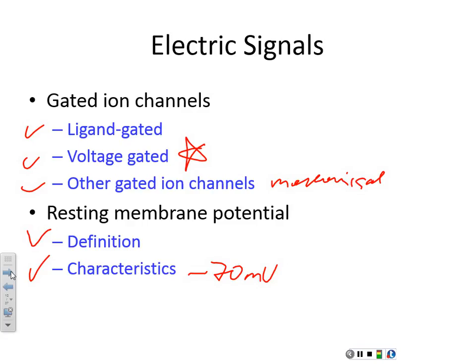So the negatively charged ions stay inside the cell, which means that the inside is more negative. That's why it's minus 70 millivolts, okay? So you talk about all that. There's a table that I showed you with many of these characteristics, okay? You need to know the conditions at rest before you can talk about an action potential. You need to know where you're starting, okay? So you know where you're going.